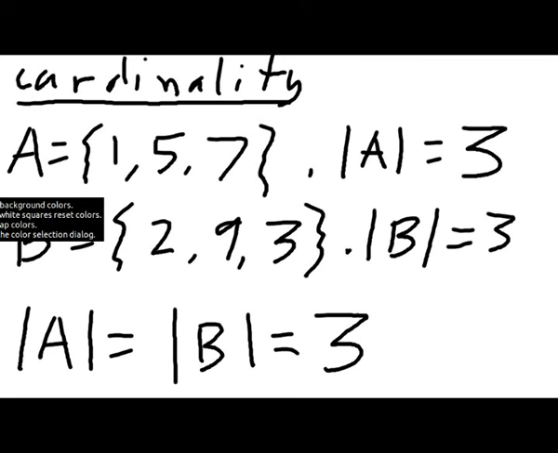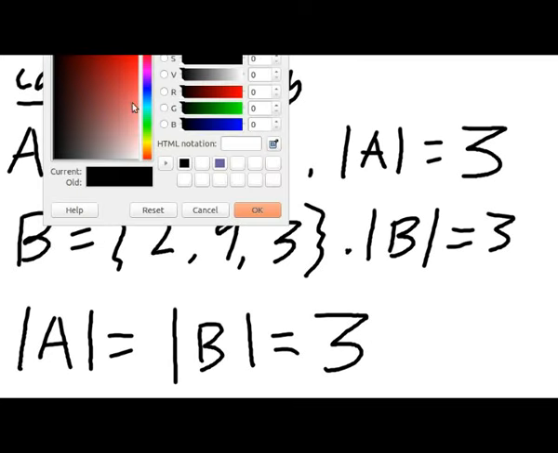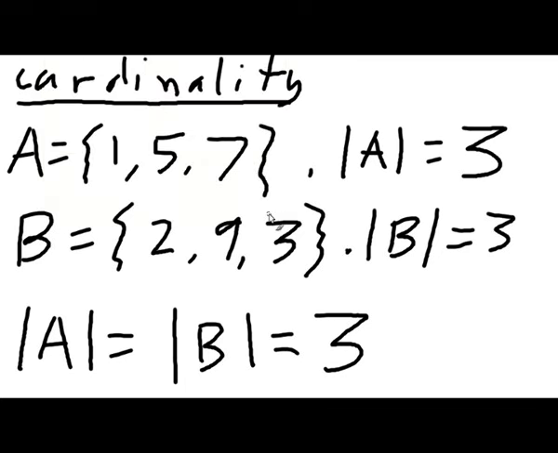But there is a slightly more contorted way of comparing cardinalities of sets, and this is how it goes. We can look at the two sets, in this case sets A and B, and try to establish a one-to-one correspondence between the elements of the sets A and B. What do I mean by that? For example, between set A and B, I can try to create that one-to-one correspondence.